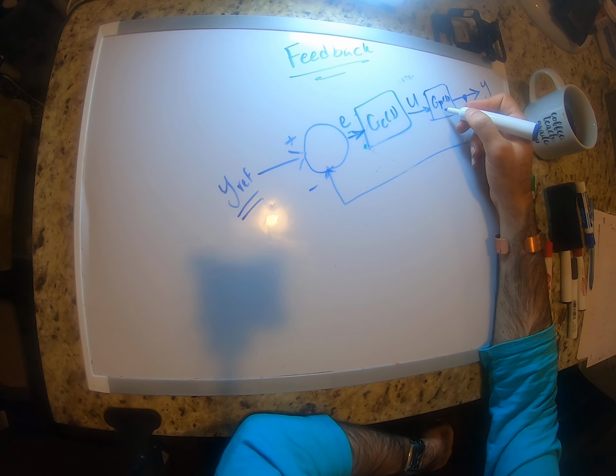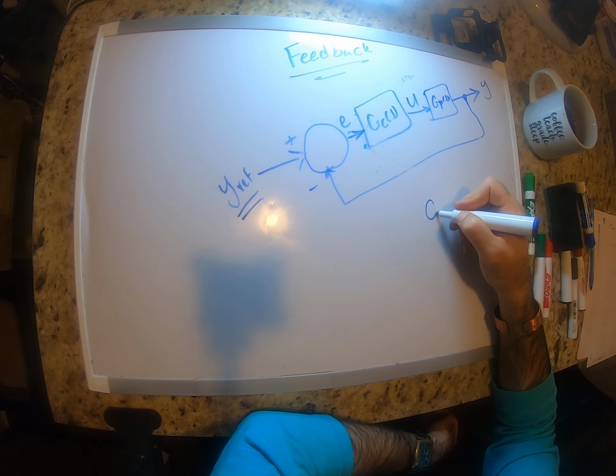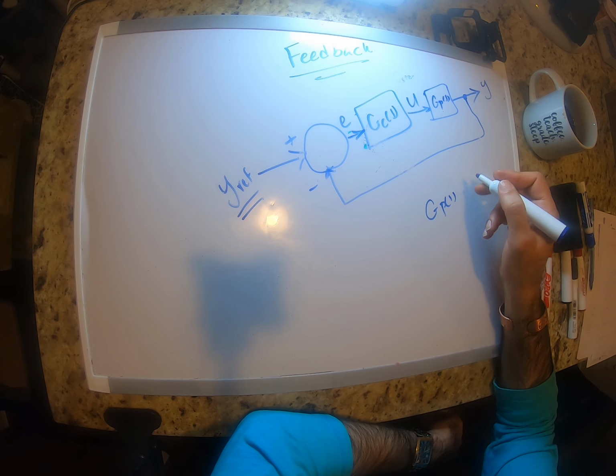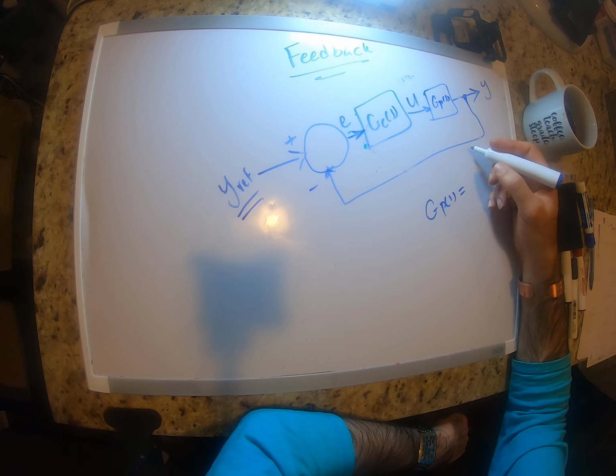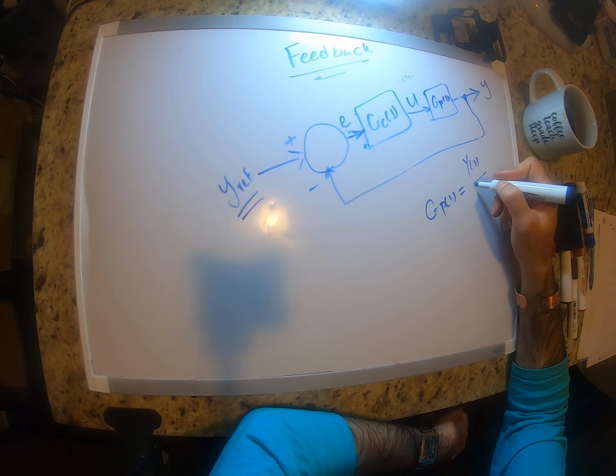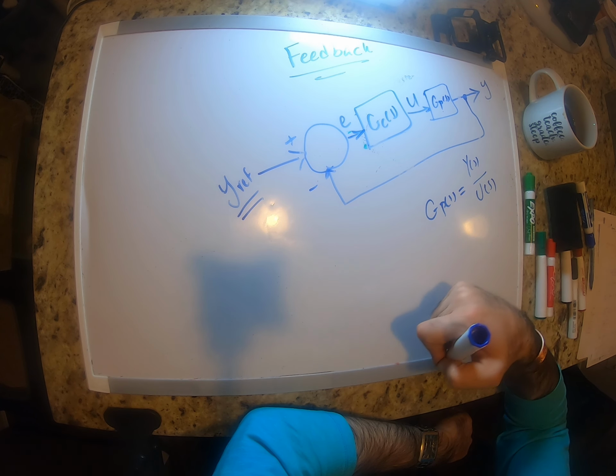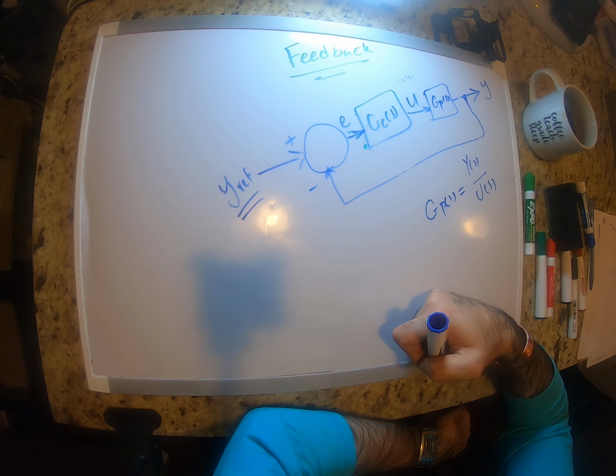Now, this transfer function G_P of S is basically this output in the S domain divided by U of S, right?